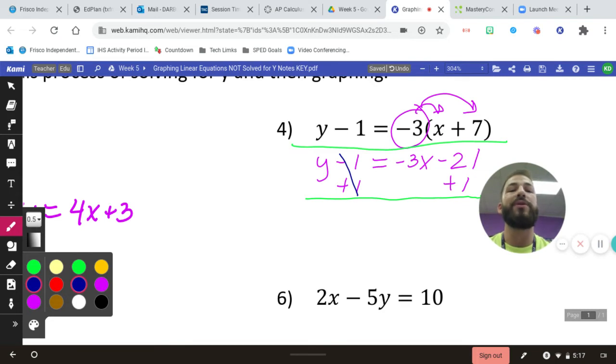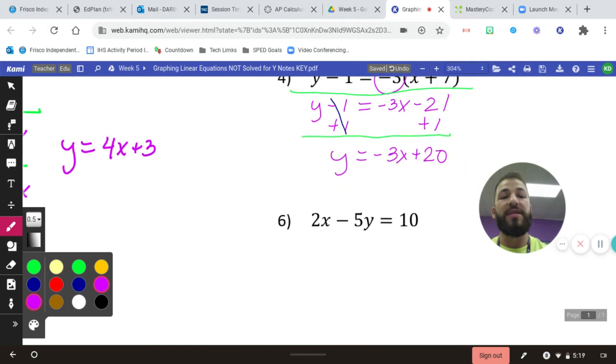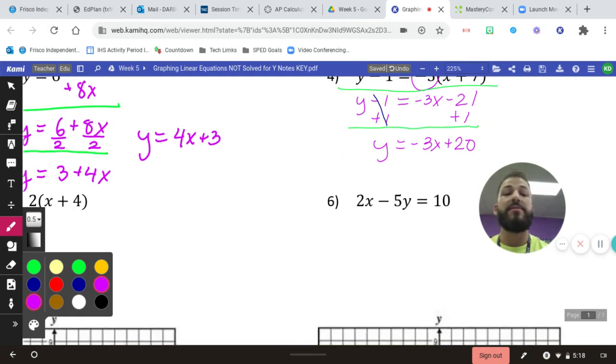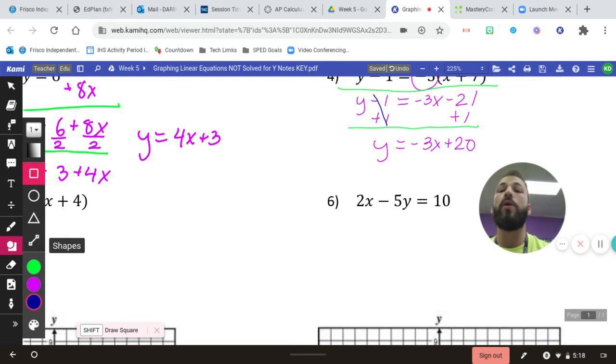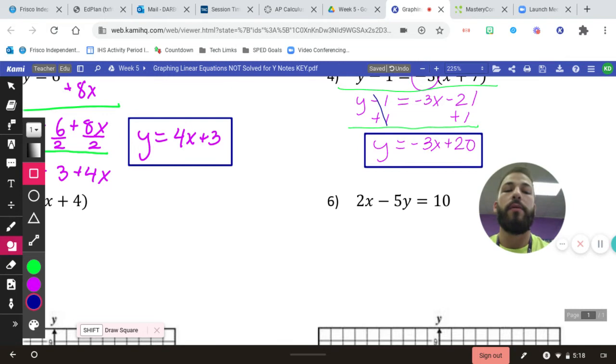Negative 21 plus 1 is equal to negative 20. So we have y is equal to negative 3x minus 20. Notice again how we are now in nice y equals mx plus b slope-intercept form, and that is always our goal.